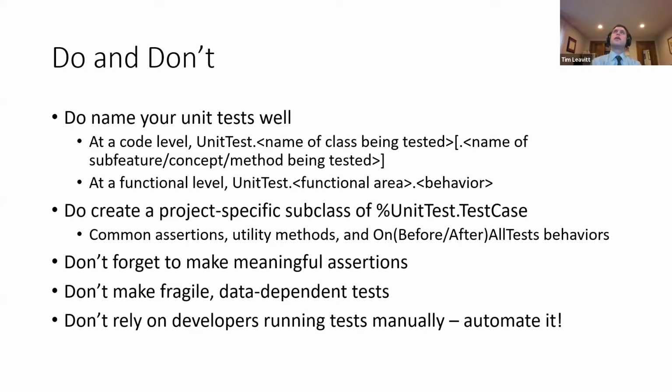If I wanted to do that, I think what I would do is use this concept of a project-specific subclass of %UnitTest.TestCase, and maybe write some wrappers around the different assertion macros, because of course you can't use the ObjectScript macros in Python.